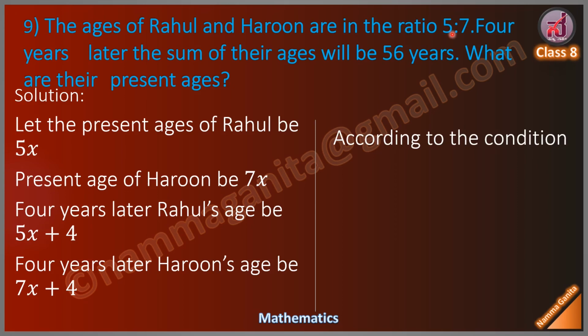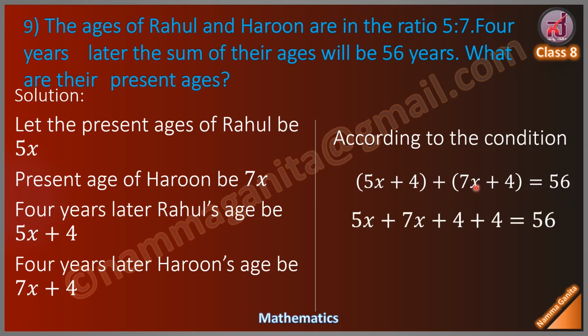According to the condition. See the condition here. 4 years later, the sum of their ages will be 56 years. 5x plus 4 plus 7x plus 4, that is equal to 56.